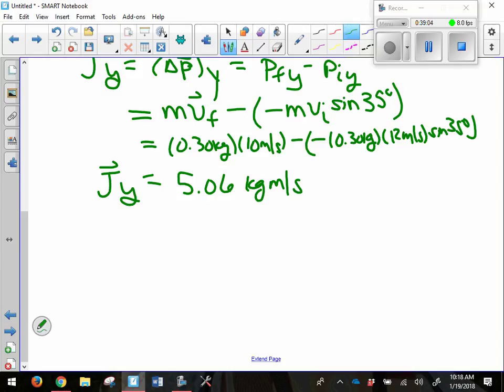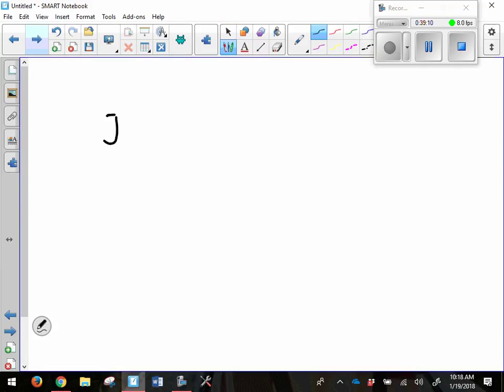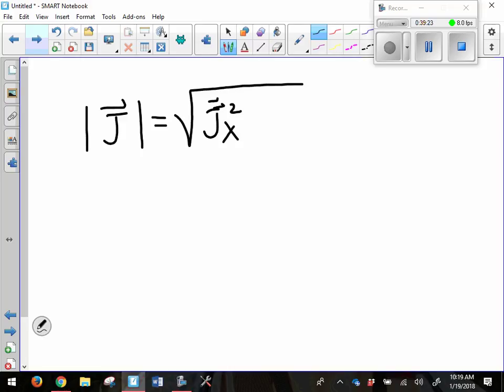All right. Excellent. Okay. So what I really want to find is the magnitude of J. And how do I get the magnitude of J from Jx and Jy? The square root of the sum of the squares of the magnitudes.